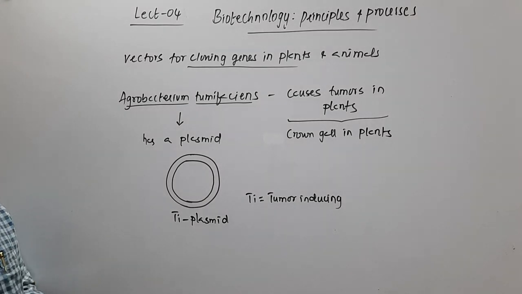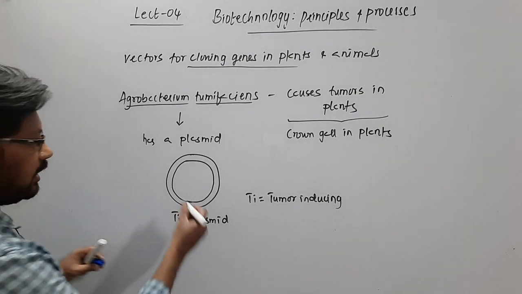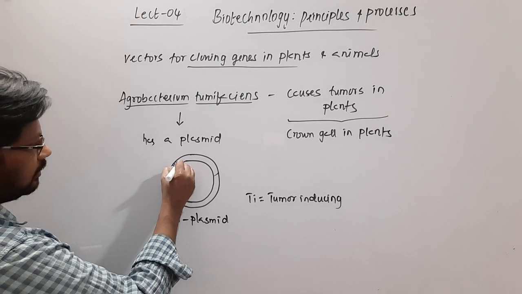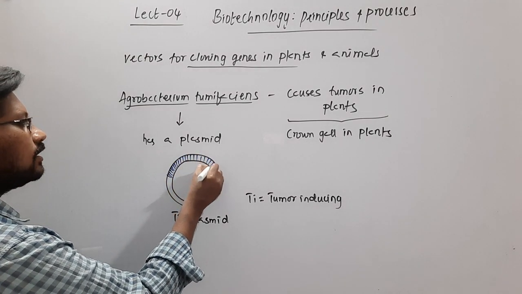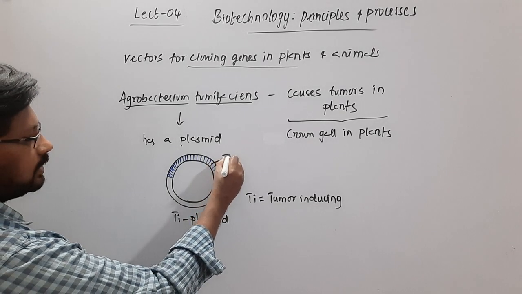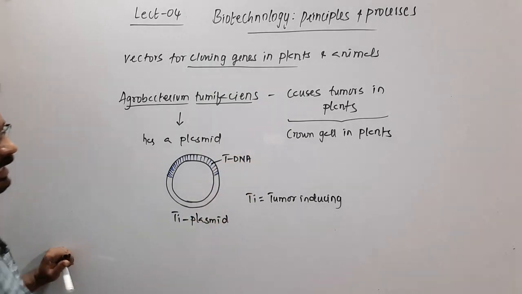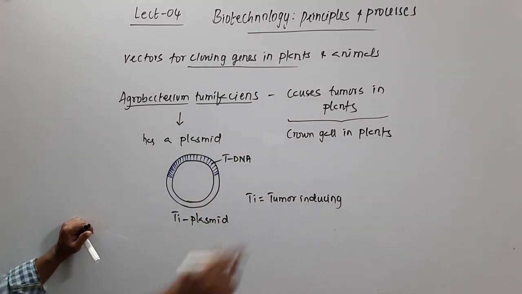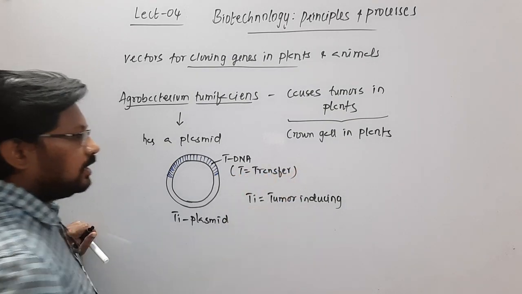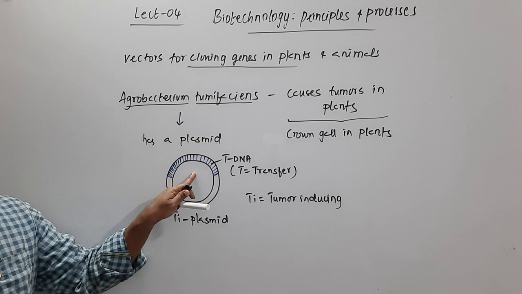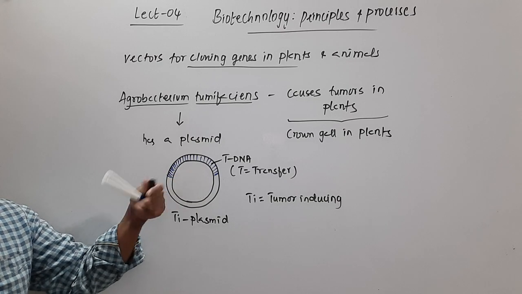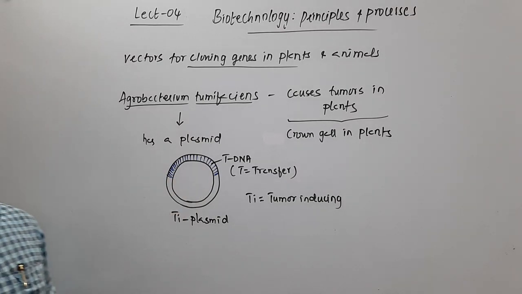And this tumor inducing plasmid has a region called the tDNA, where the T stands for transfer. This is the DNA that it is going to inject into the DNA of the plant cells.